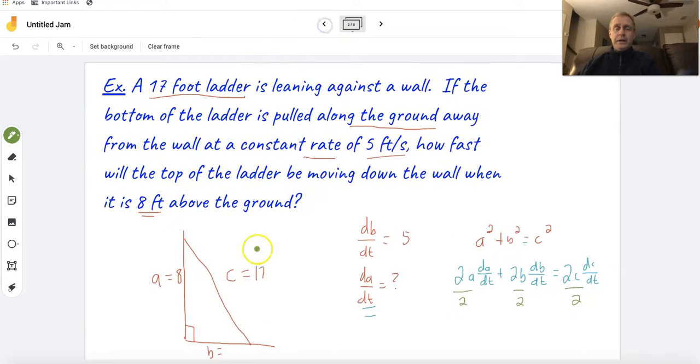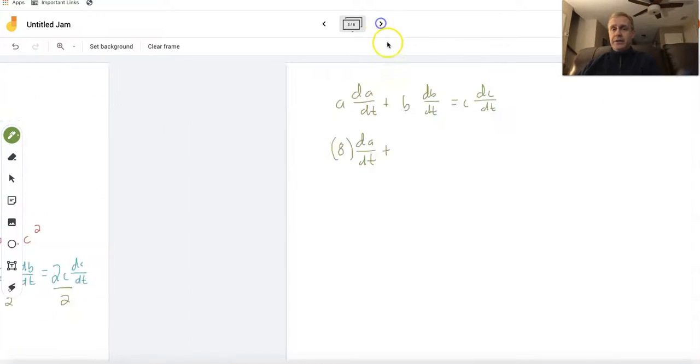Now b, we're not told exactly what that is, but when this happens, there usually is enough information in the problem to allow you to solve for any missing variable. And the way that we can solve for b is that we know this leg is 8, the hypotenuse is 17, and so we can solve for b by using our Pythagorean theorem.